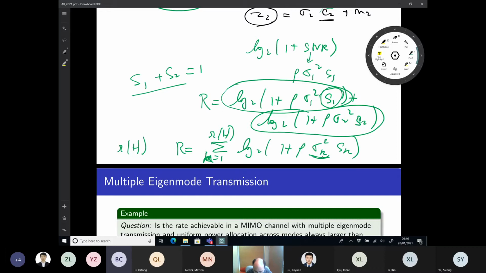And I have a number of them that is equal to the rank of H, essentially. So each virtual path or each mode that has a non-zero eigenvalue can potentially contribute to the rate, and the value of that rate will depend on how much power I allocate to each of those virtual paths, right?